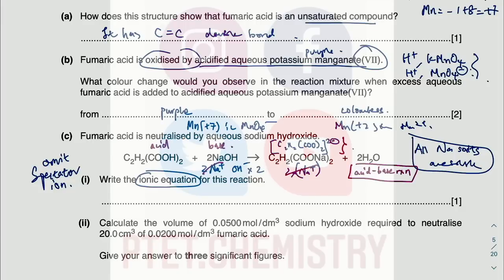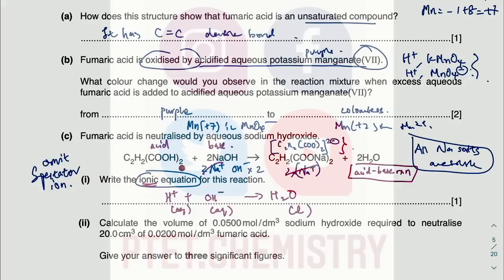There is no other ionic equation when you have acid plus base. It is H+ plus OH- give you H2O. Whenever you have an acid, whenever you have a base, whenever they ask for the ionic equation, straight away you can write this because this is the only one.